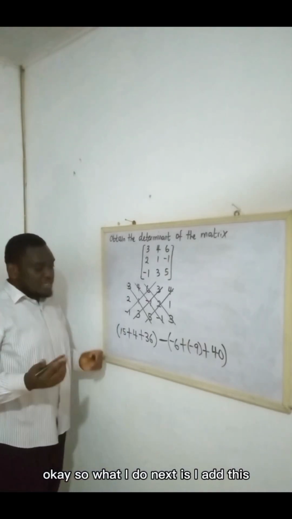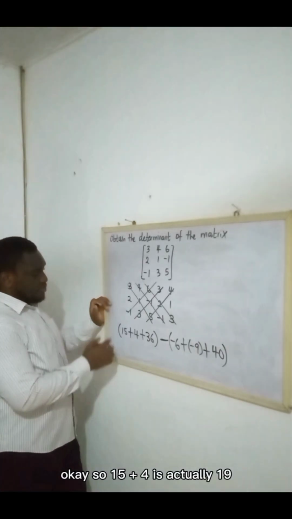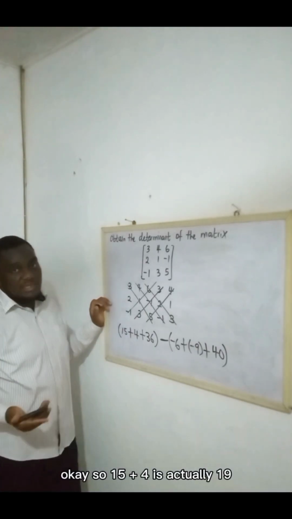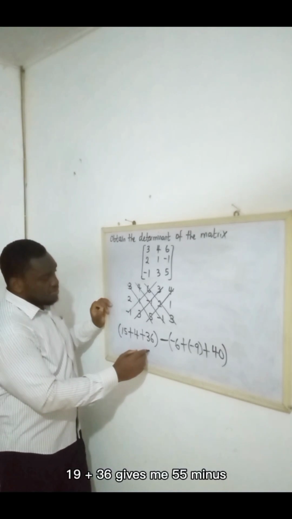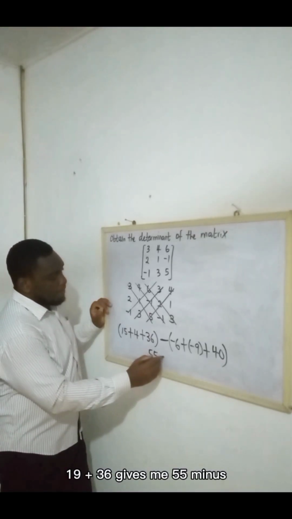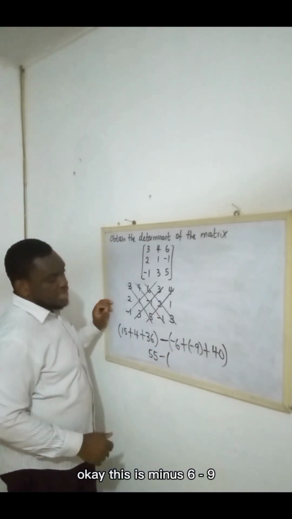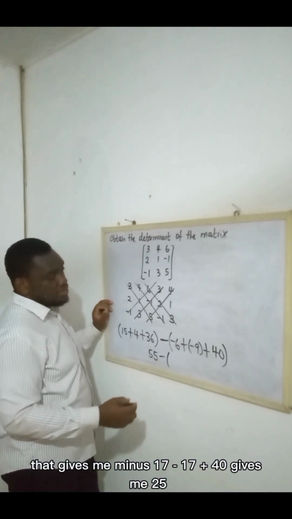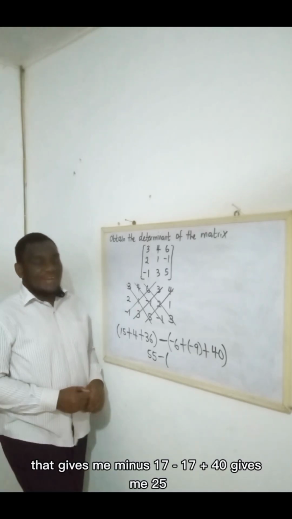Okay, so what I do next is I add this, and I subtract. Okay, so 15 plus 4 is actually 19. 19 plus 36 gives me 55. Minus, okay, this is minus 6 minus 9, that gives me minus 15. Minus 15 plus 40 gives me 25.